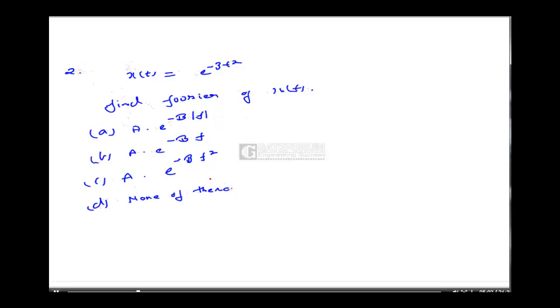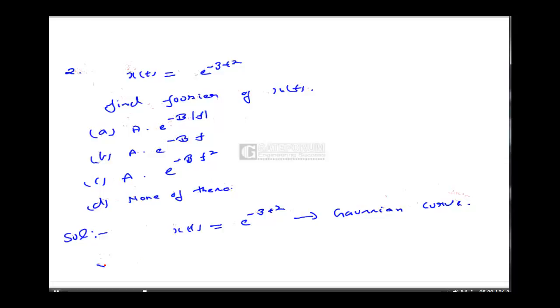So our problem has become simpler because we need not find the exact Fourier transform, only its form. See now, given x(t) equals e to the power minus 3t square, this is a Gaussian curve. Now we should know that the Fourier transform of a Gaussian is again a Gaussian only.